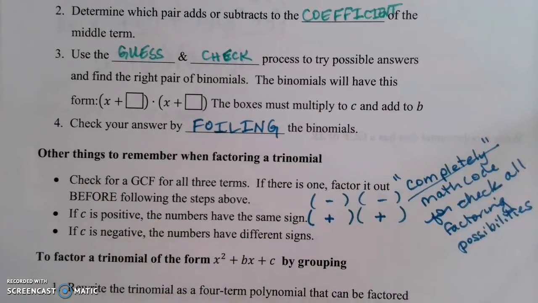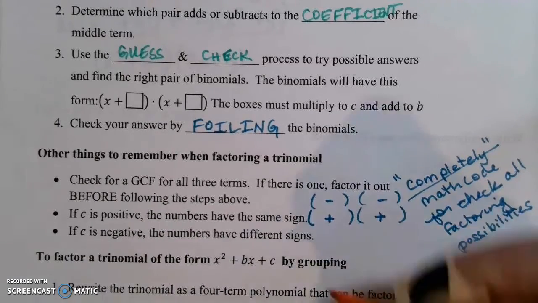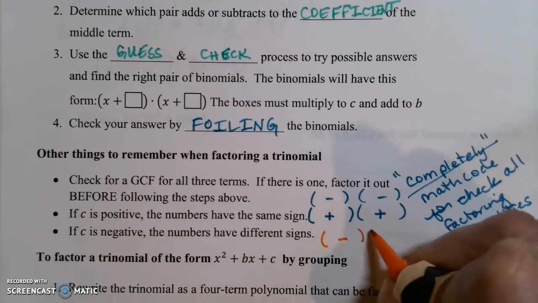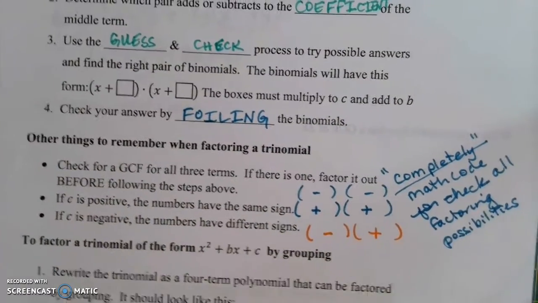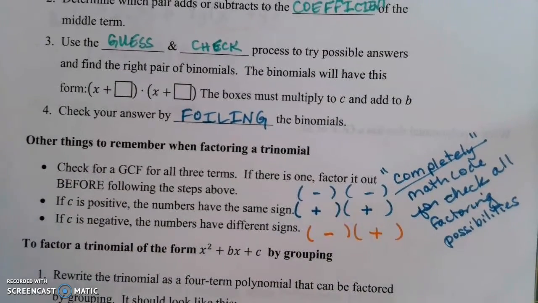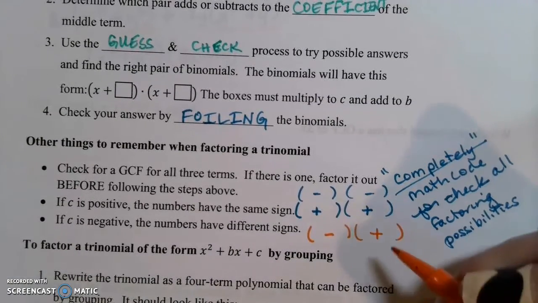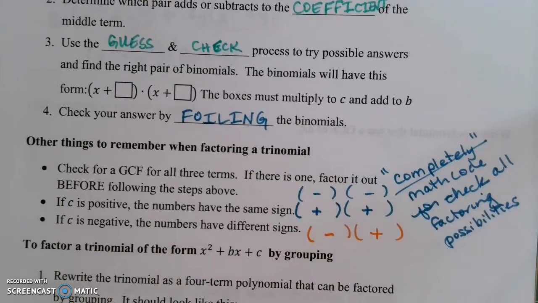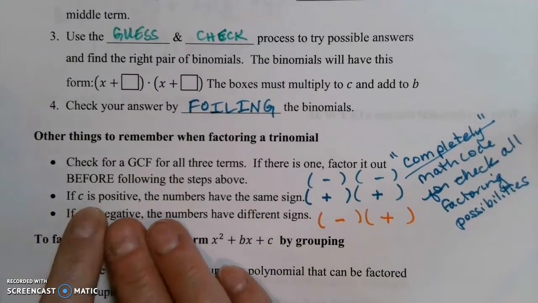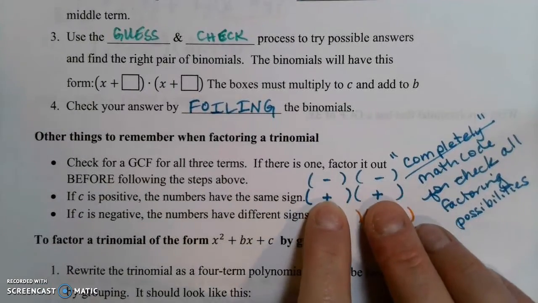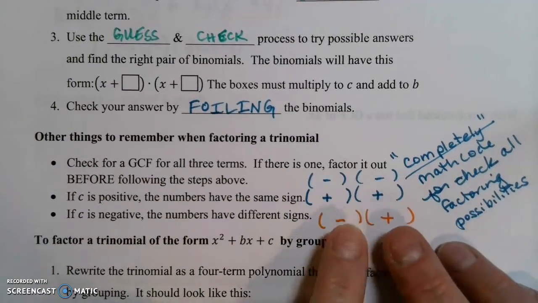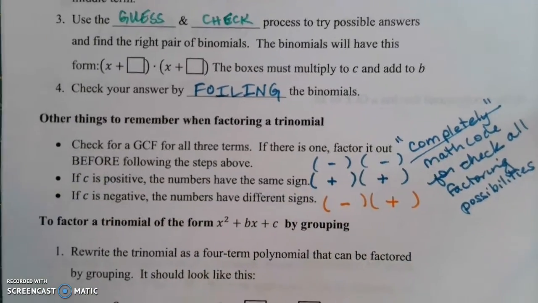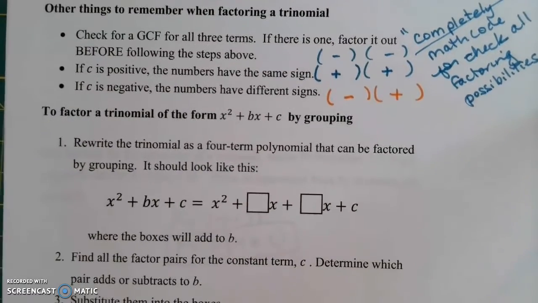If C is negative, then we're going to have one of each. And since order can be important with which one's negative, you might have to check another possibility here, and we'll look at specifically what that means. So if C is positive, they're both subtraction or both addition. If C is negative, you've got one of each. And that can help you to narrow down those possibilities as well.